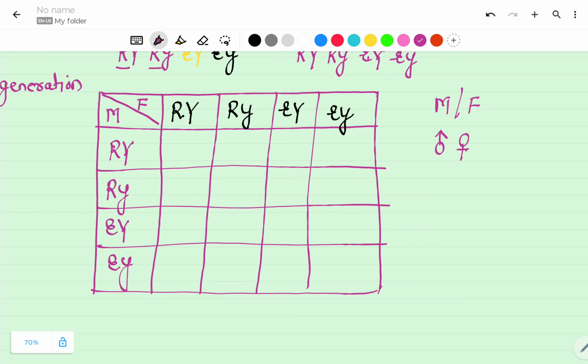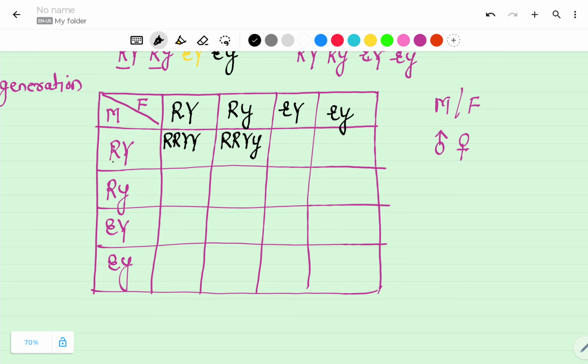Okay, we are crossing this table, so we are preparing it here. So we are crossing capital R with capital R. Now we prepare capital R, capital R, capital Y, capital Y. Okay, first letter. Now second, capital R, capital R, capital Y, small y.